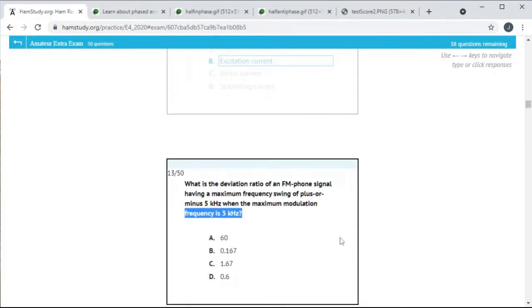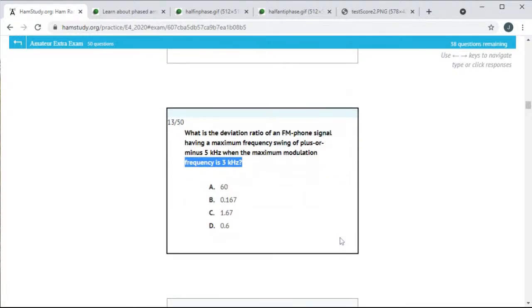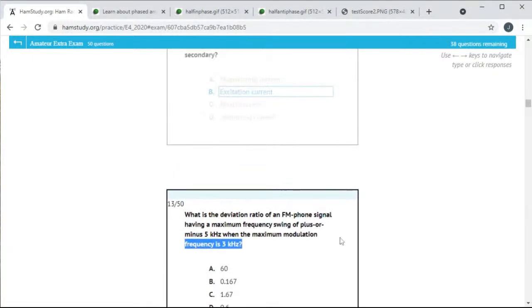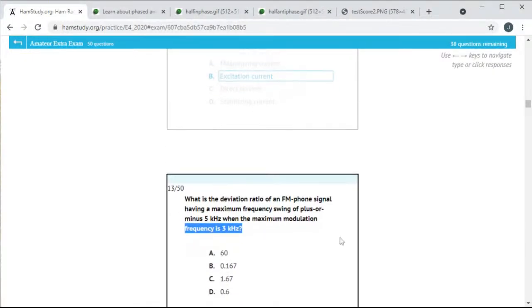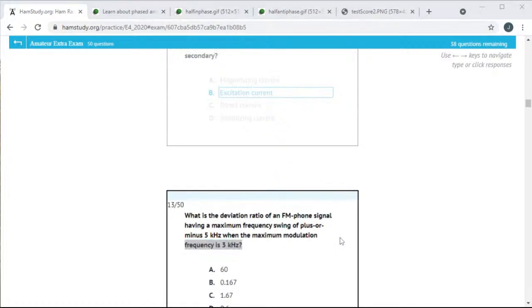What is the deviation ratio of an FM phone signal having a maximum frequency swing of plus or minus 5 kilohertz when the maximum modulation frequency is 3 kilohertz? So Gordon is saying, Gordon, that's D, the one about the transformer?